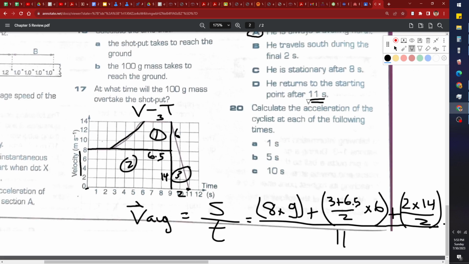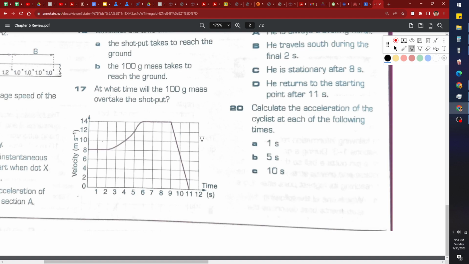Okay, last part of the question, 20 for the graph. Calculate the acceleration of the cyclist at each of the following times. All right. Acceleration for a VT graph is slope. So 1 second, it's part of a horizontal, A equals 0. There is no acceleration. That's a horizontal line.